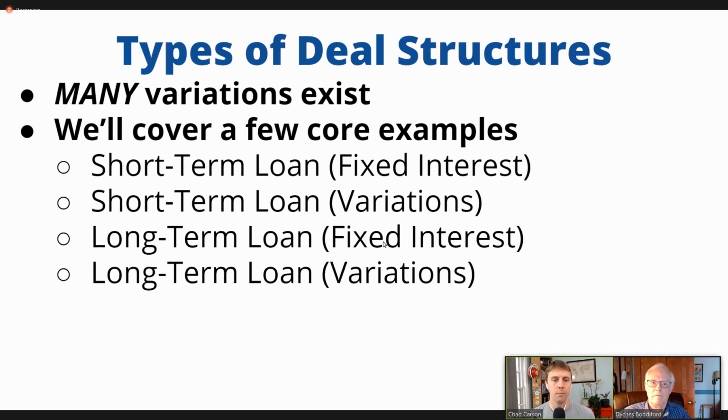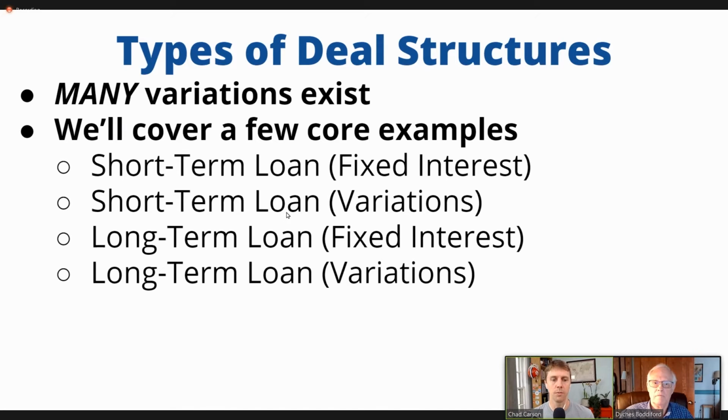Here's a preview of what we're going to cover in this lesson. We're going to think about different time frames of different structures. So we're going to talk about short-term loans to start: the short-term fixed interest private loan, one of the simpler versions of what a private loan could look like. Then we're going to talk about some variations of short-term private loans, adding a little bit of nuance and some other tools in your toolbox.